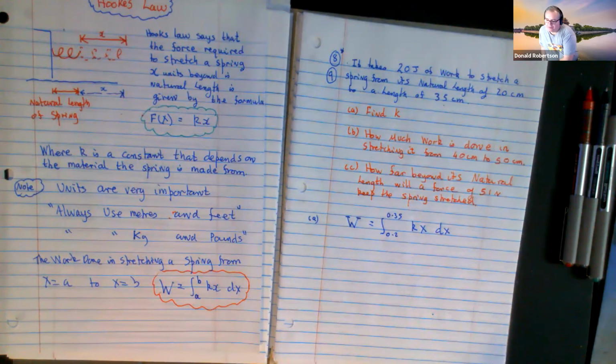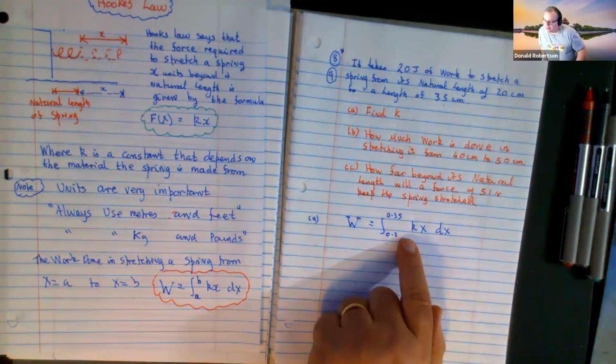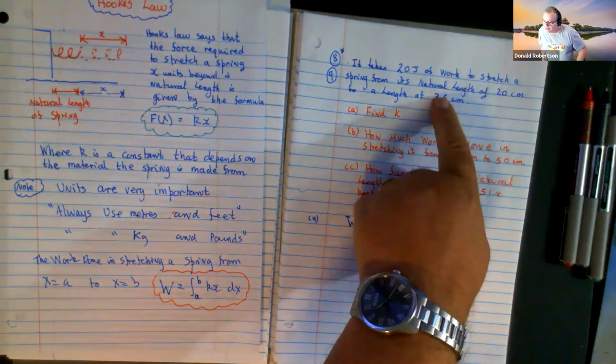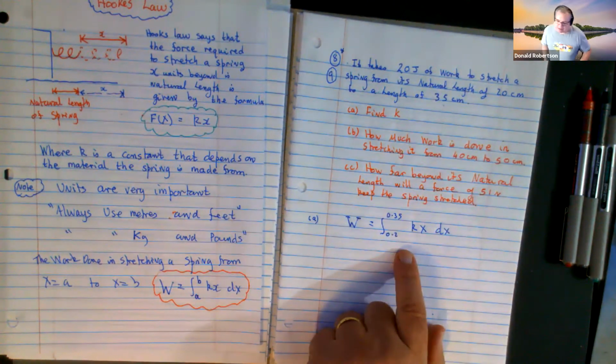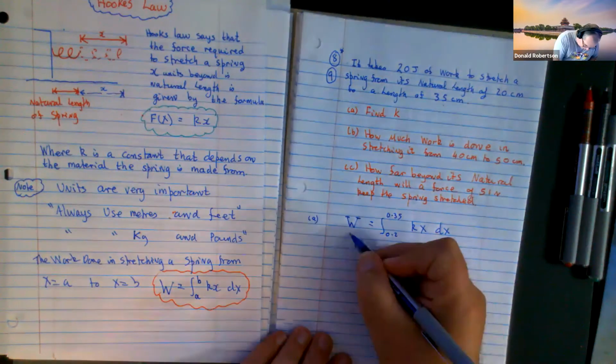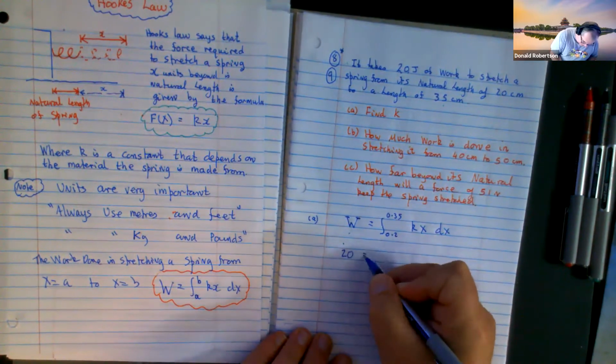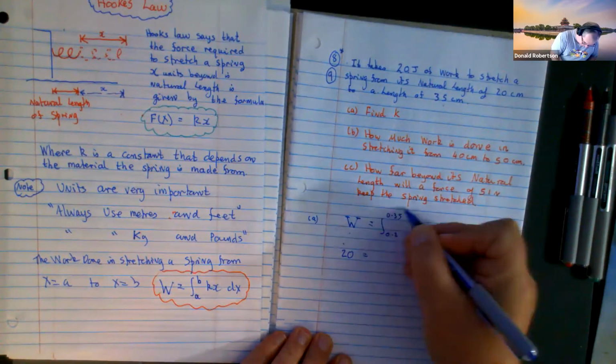Are you happy with the integral formula and where these two numbers are coming from based on the 20 and the 35 centimeters? We're good so far. Now, I know that this number is 20 because they just told me that the work was 20. And I need to find what this integral is.